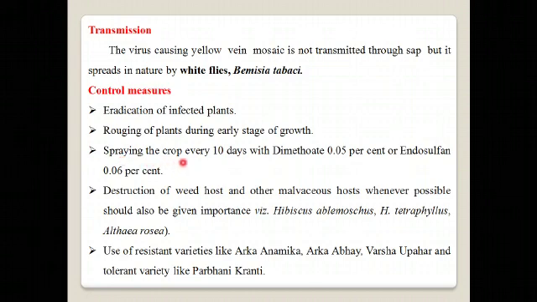So immediately spray the bhendi crop with dimethoate 0.05% or endosulfan 0.06% or 0.05% methyl demeton or phosphamidon. So these systemic insecticides are generally applied over the bhendi crop to reduce the population of whiteflies.